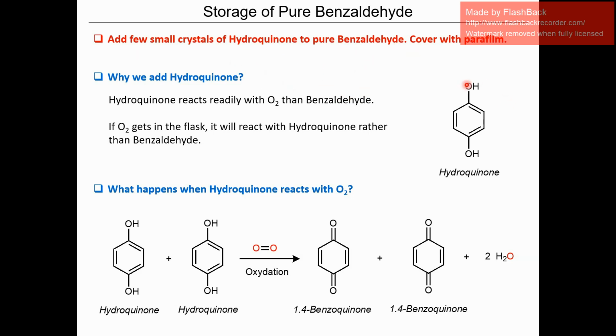This compound, which has this formula, is easier to oxidize by the air compared to benzaldehyde. So if you add some crystals of this material to the benzaldehyde, and there is any oxidation happening, this molecule is the one that is going to get oxidized, and the benzaldehyde is going to remain untouched. And so that's why we are going to be using hydroquinone, to avoid the oxidation of the benzaldehyde.